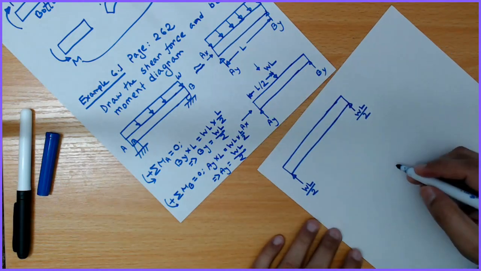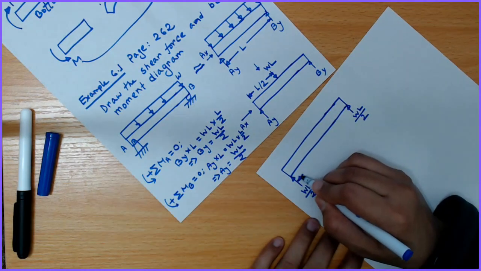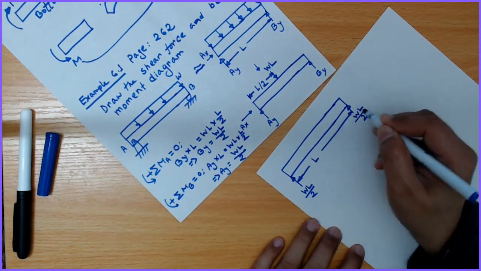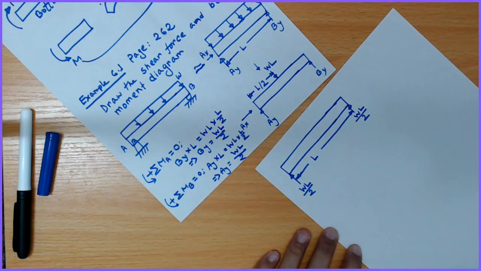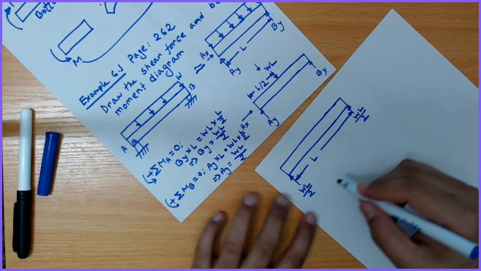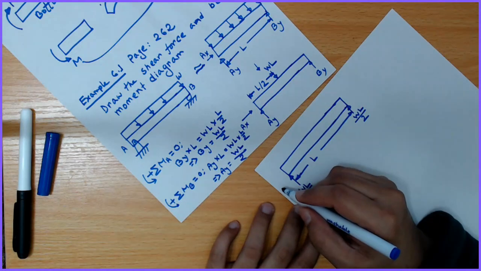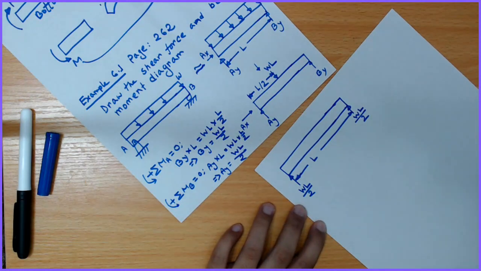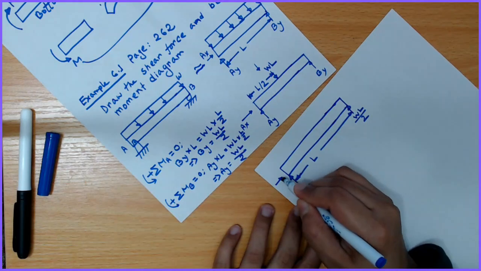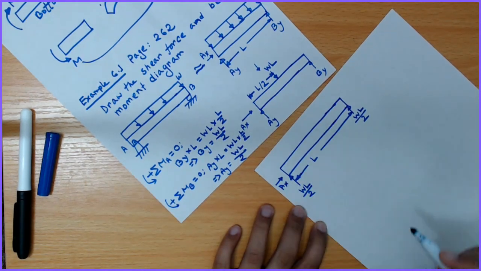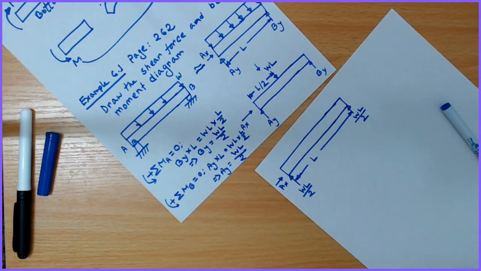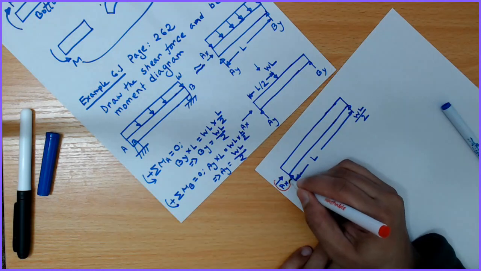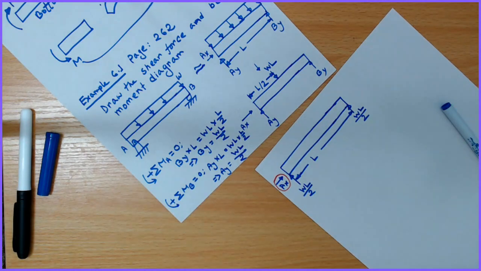And this is the length L. Now, to draw the bending moment and shear force diagram, we actually do not need any longitudinal force, we only need perpendicular force. So that's why we can ignore AX.